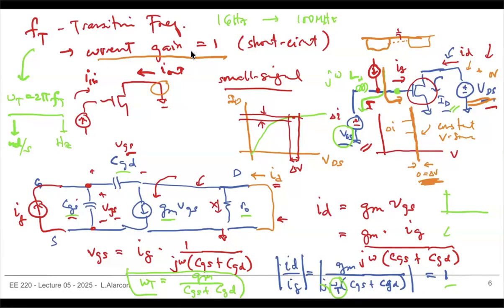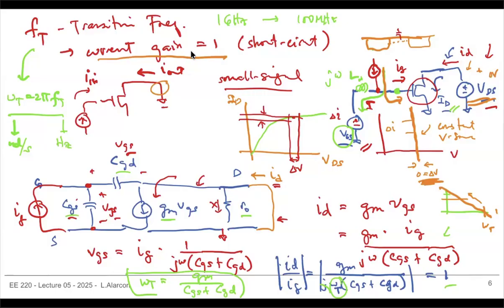It looks like something like this. When you get a gain of 1, that's omega t. But you don't want a gain of 1. You want to back off a few decades, so you do have a significant amount of current gain. Any questions there? So transition frequency is a very good metric to figure out the usable frequency range of your transistor.